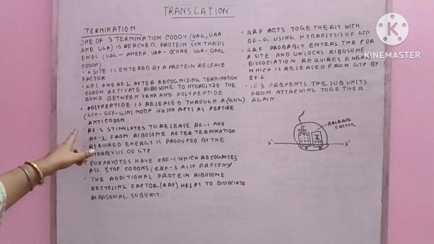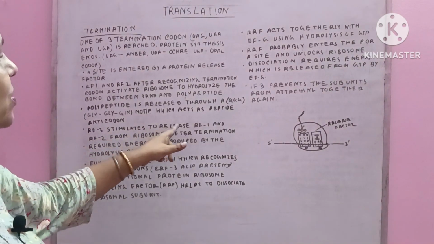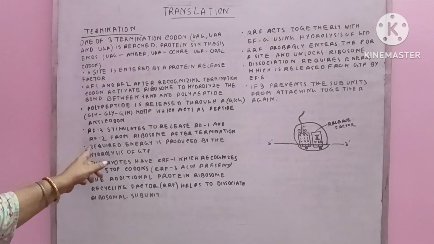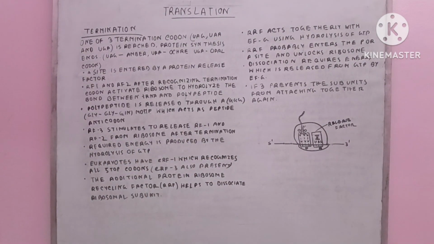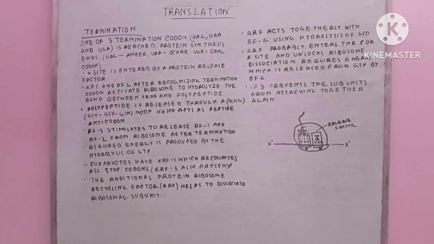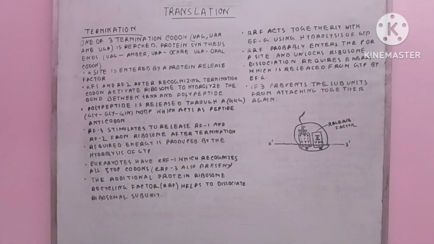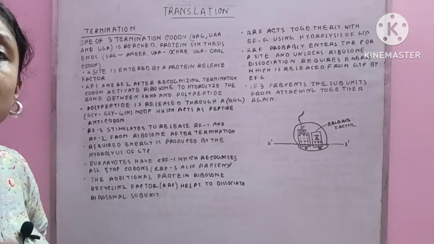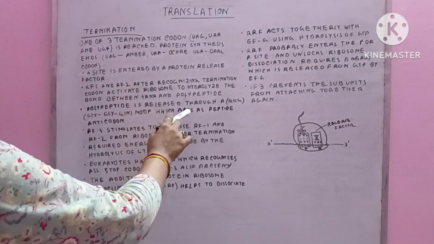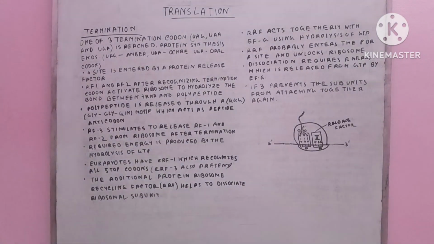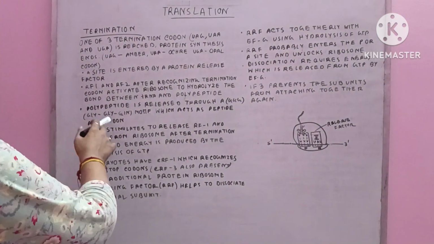Next, RF3. RF3 stimulates the release of RF1 and RF2 from the ribosome after termination. That means RF3, another releasing factor, acts when termination has already been done, and the release of RF1 and RF2 is carried out by RF3.